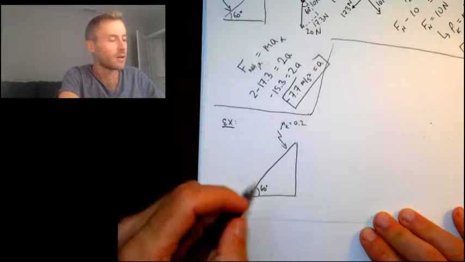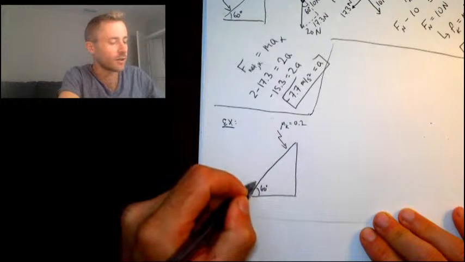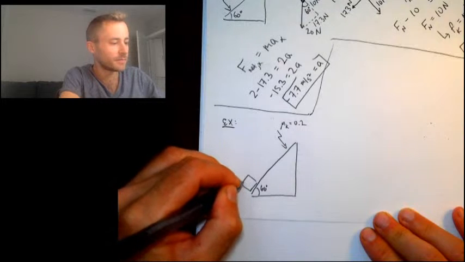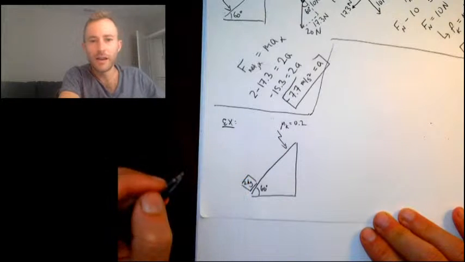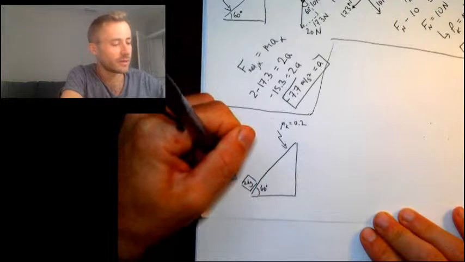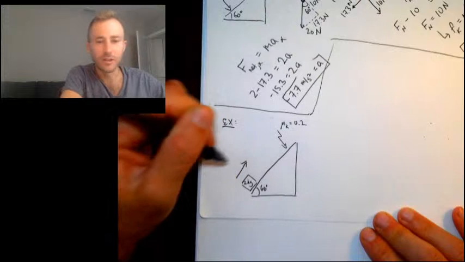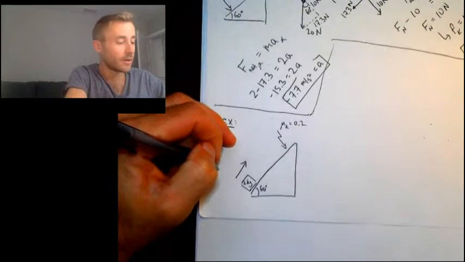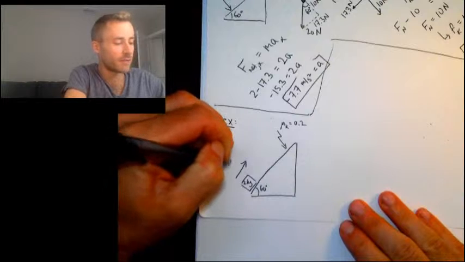But now the block starts at the bottom of the incline and it's been kicked, so it is sliding up the incline with an initial speed of 5 meters per second.